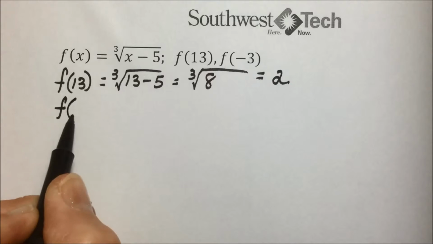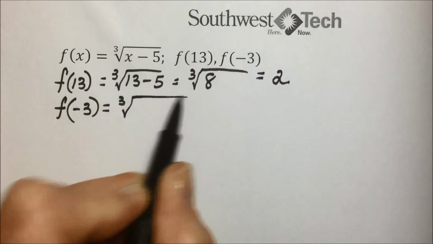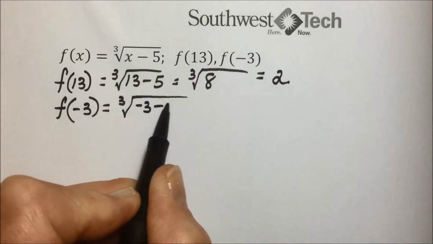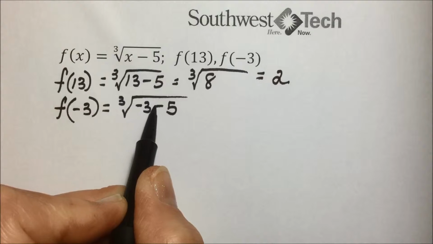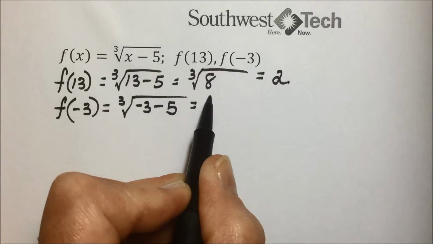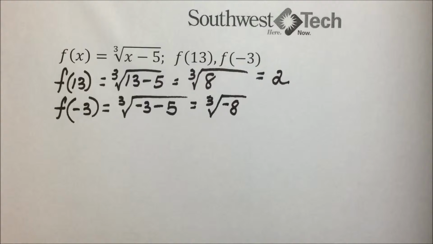Evaluating the function when x is negative 3, we will replace x with negative 3 and the minus 5. Negative 3 plus a negative 5 is giving us the cube root of negative 8. The cube root of a negative number is negative.